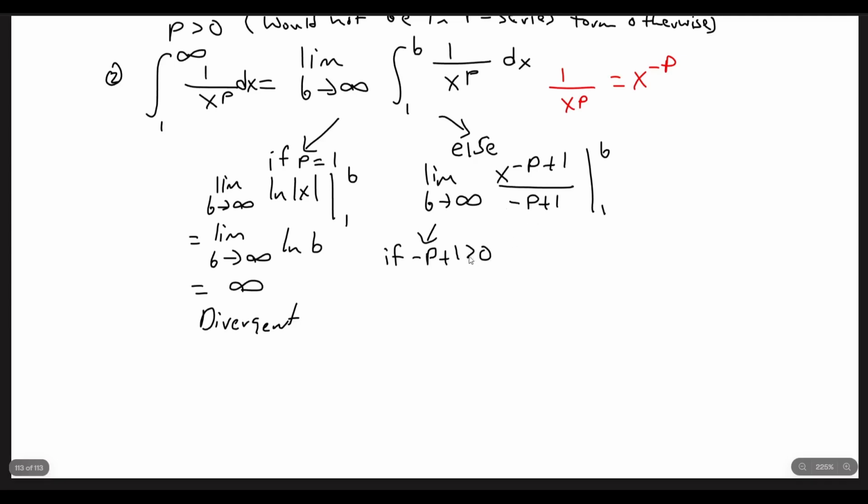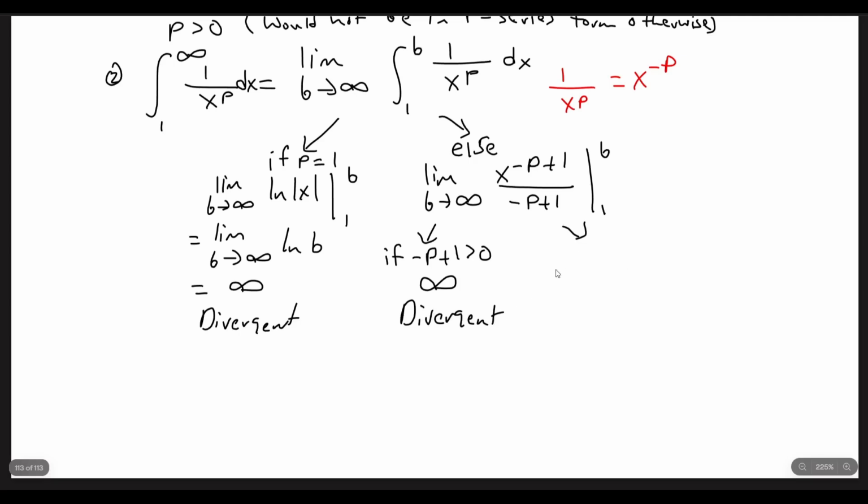So anyway, if negative p plus 1 is greater than 0, just think of it like an exponent. This would be very top heavy. If we had a limit as p approaches infinity of this guy right here, this would just go to infinity, so this would be divergent as well.